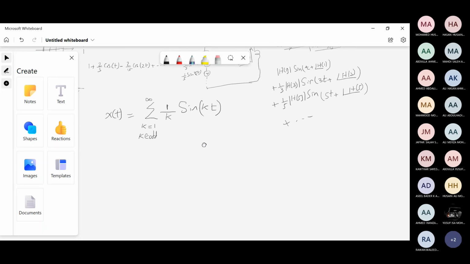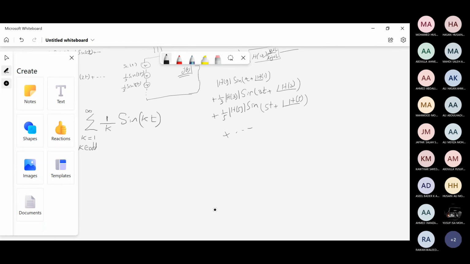Okay, then what is the output? So y of t in summation is equal to, again, this summation.